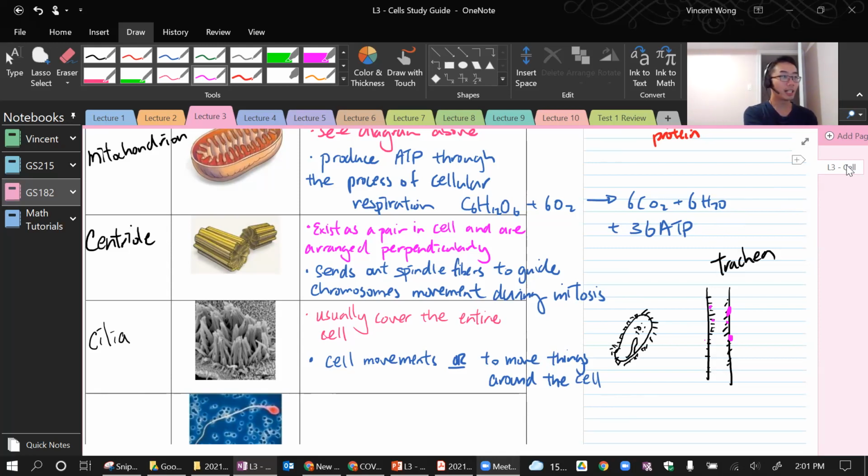Another one. Anybody have another one? I will give you a hint. This other example is only found in females and not males. Where else would you find cilia? In the female body, but not the male. Anybody? It's close to the ovary, very close to the ovary. What's connected to the ovaries?